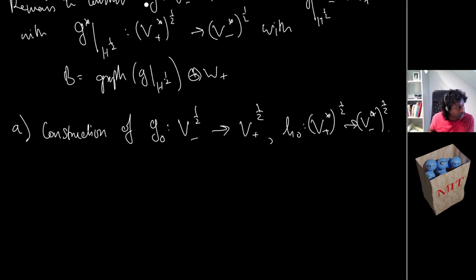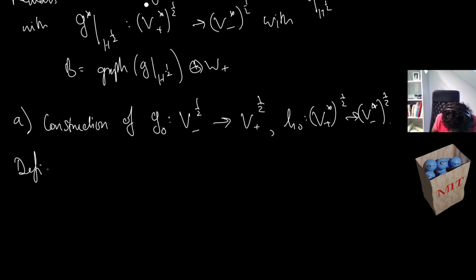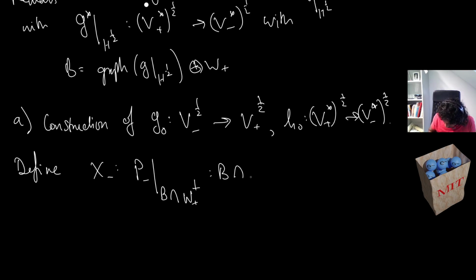So for that, let's define a map X minus, which is going to map us from B intersect W plus perp to P minus B, right?